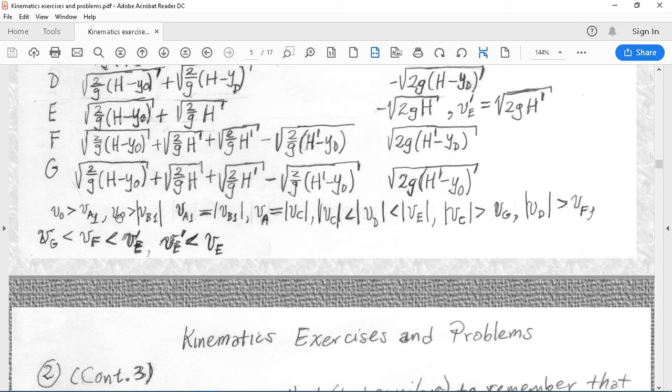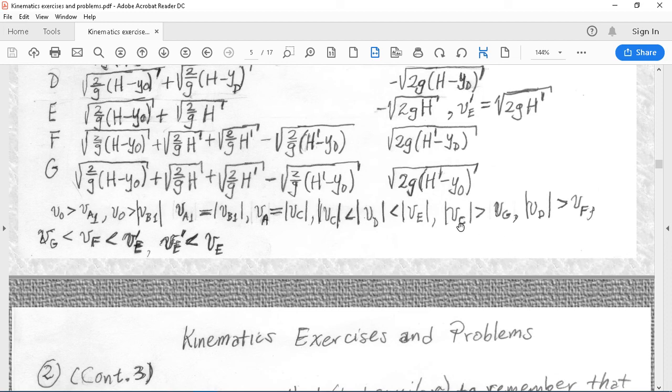The initial speed is greater than vB1. We have the speed at A1 equals the speed at B1. We have the speed at A equals the speed at C. We have the speed at C less than the speed at D less than the speed at E.